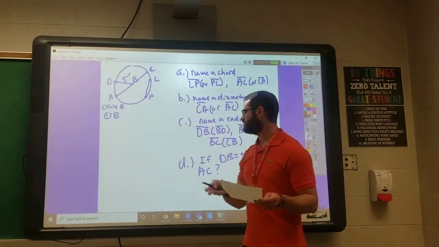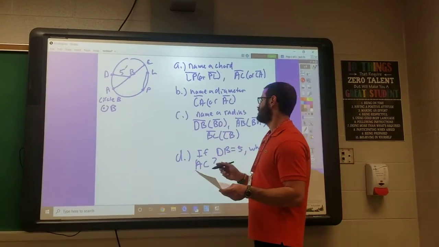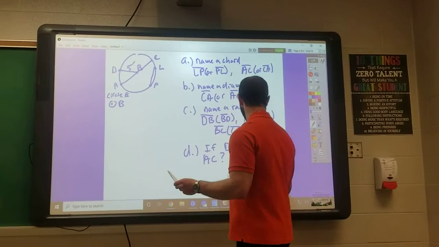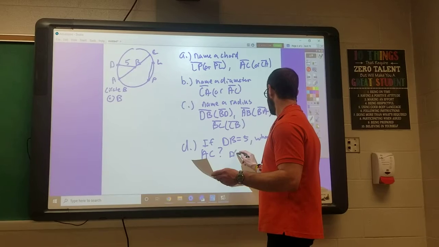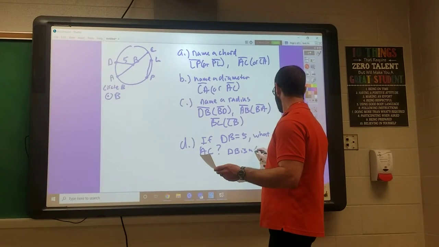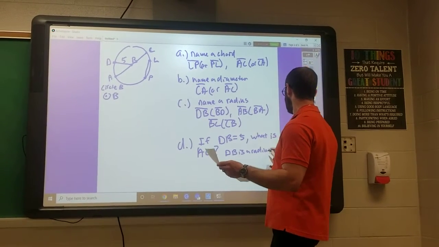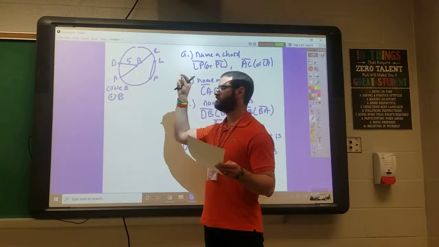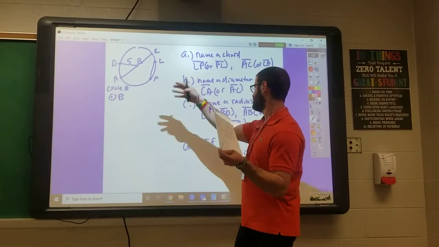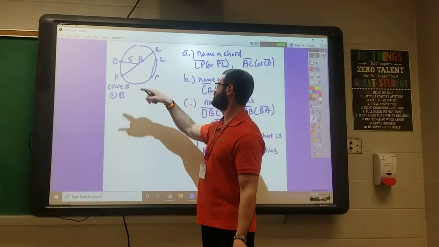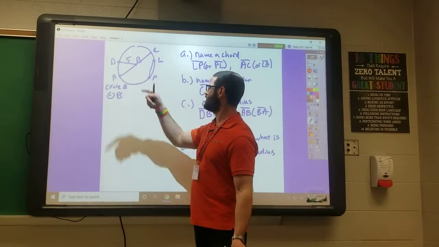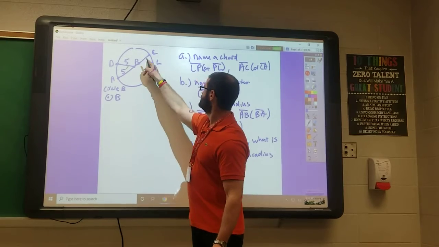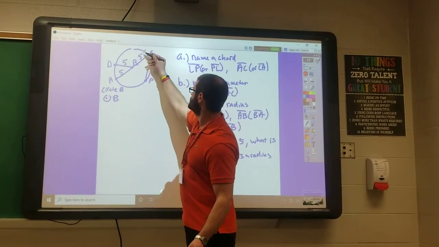DB is a radius. Remember, any radius going from the center to the edge is going to have the same length. So let's look at what other lengths we know based on DB. BA is also a radius, so that would also be 5. BC is a radius, that would be 5.